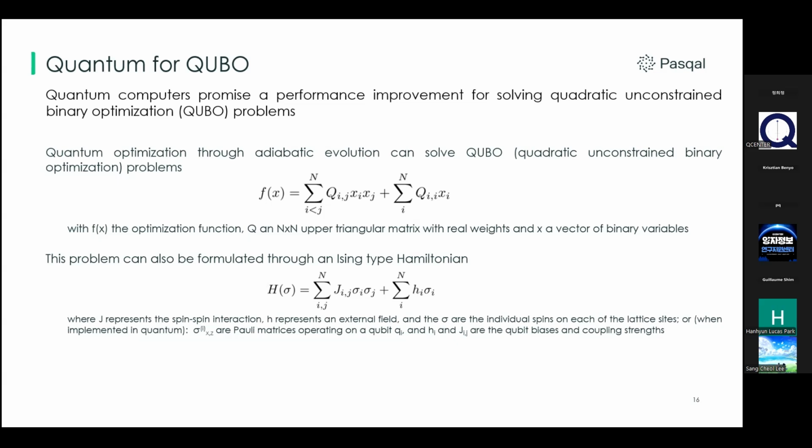The reason we typically talk about QUBO type problems when we talk about quantum methods is that QUBO problems can be naturally translated to Hamiltonian systems, which then lend themselves to an implementation with analog methods, or more generally, QUBO type formulation.